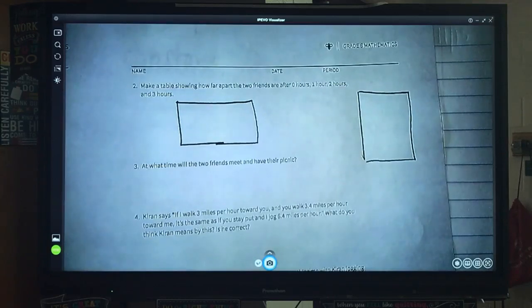How could it be 4 miles away? It's 0.4 because if we subtract 0.4 by 3. What do you mean it's a trick question? You're overthinking. After 1 hour, they'll be 0.4 apart.